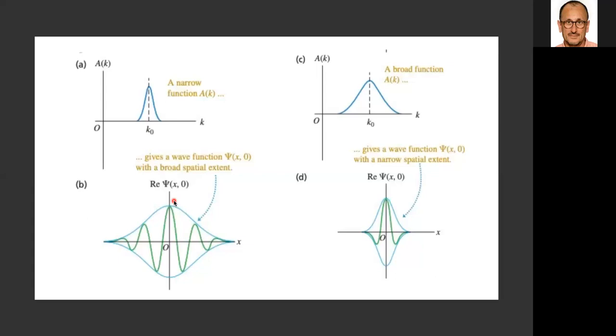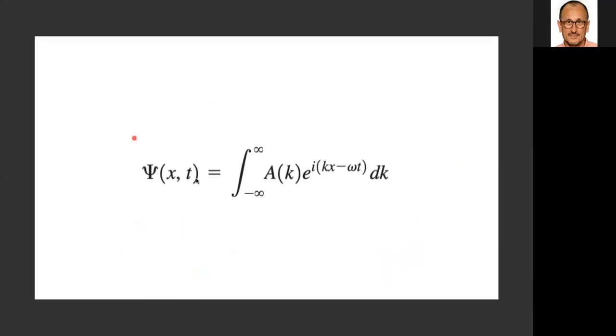So if I have a very narrow function of A(K), you can think of this as actually centered at a certain value K0, and it has a certain width.